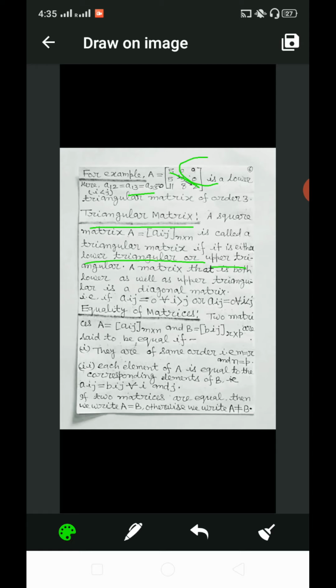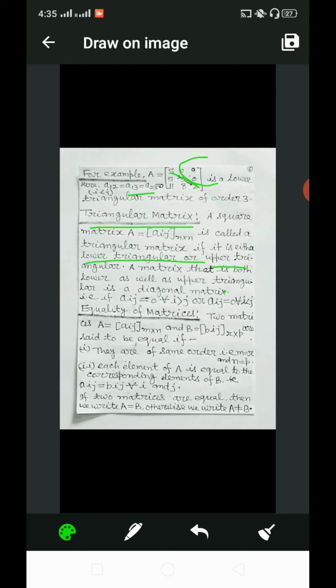A matrix that is both lower as well as upper triangular is a diagonal matrix. Means if it is a lower triangular matrix as well as an upper triangular matrix, then this is called a diagonal matrix.